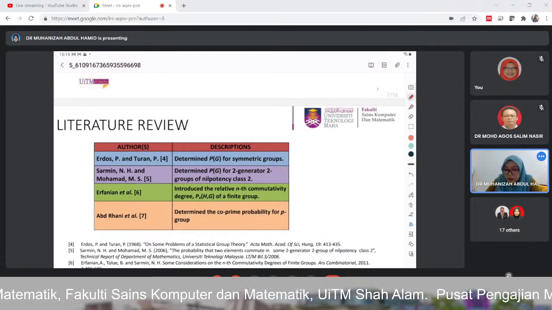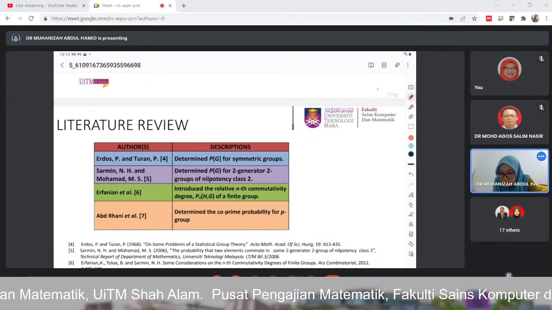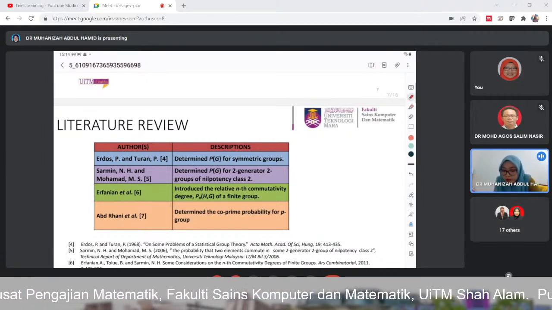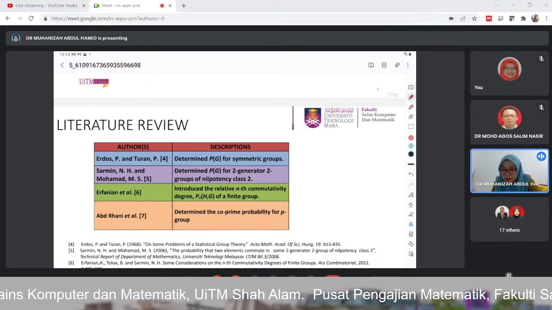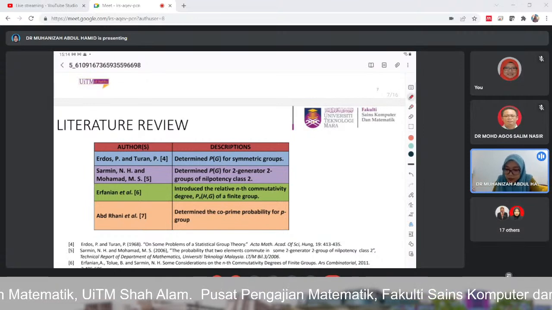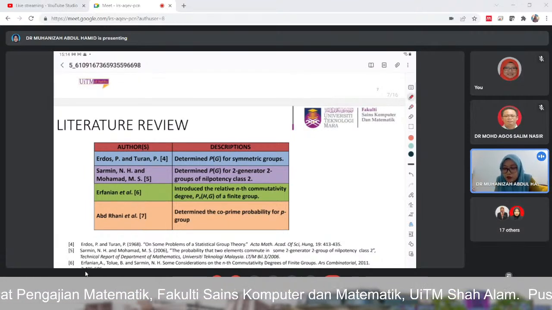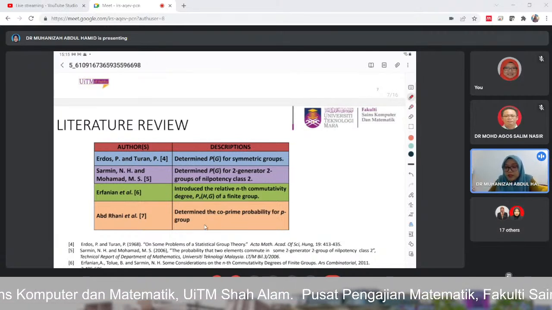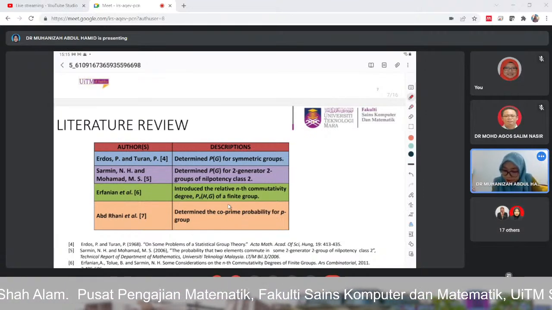Then we have another computation by Sami and Muhammad, where they computed for two-generator groups of nilpotency class 2, and then we have the relative commutativity degree by Erfanian et al. And Abdurrani et al. determined the coprime probability for p-groups.